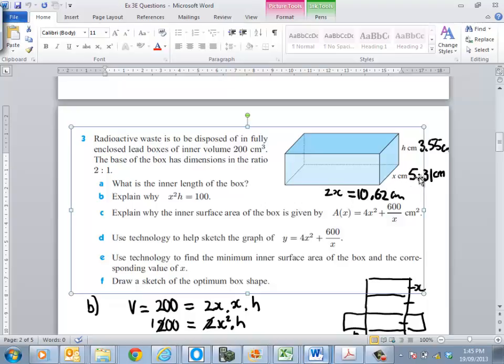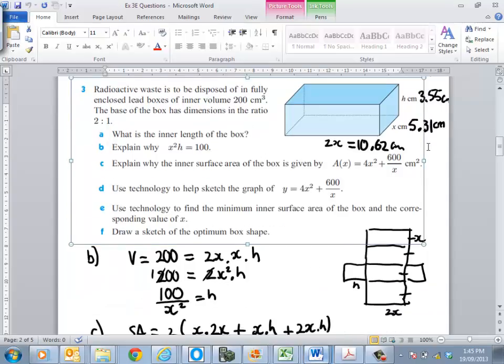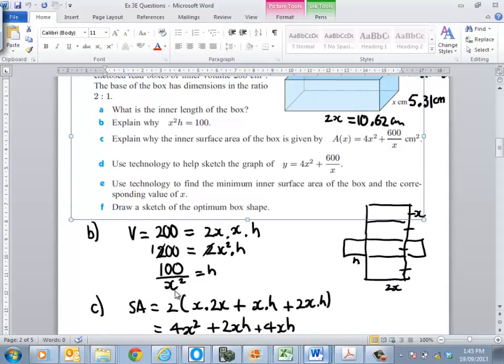Well, x is 5.31, 2x is going to be 10.61, and then I have to work out what my h is. I do that by putting 100 divided by 5.31 squared, and that gives me my h value. Got the idea? That's really the same process for all of these questions.